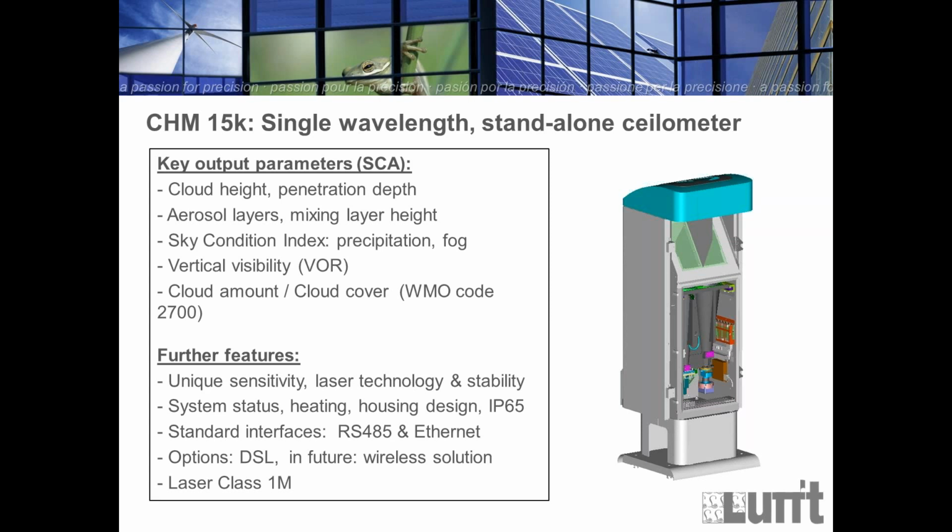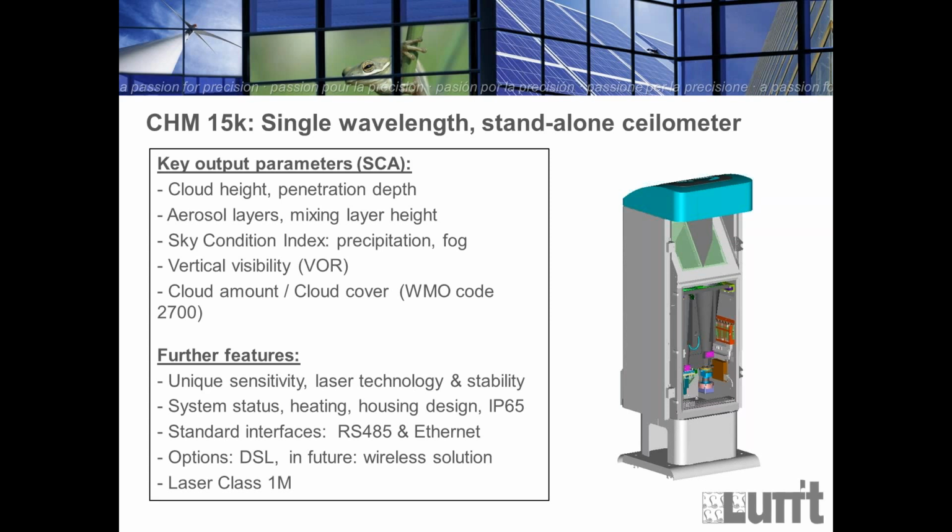These are also a standard value for this kind of instrument. A little bit more sophisticated is the cloud amount, cloud cover, and other statistical parameters which might be delivered, and also specials like maybe this sky condition index, which is a precipitation or fog index indicating when it's foggy or when it's starting raining or snowing or whatever.